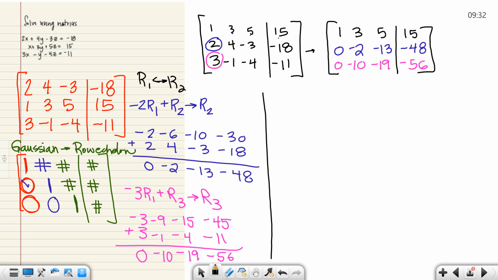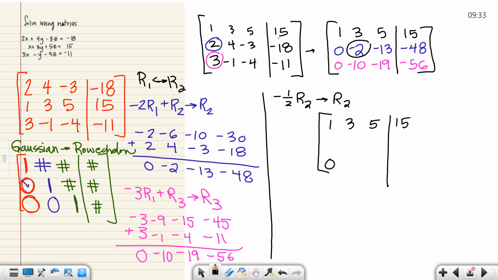So in order to turn this 2 right here into a 1, I'm going to say negative 1/2 row 2 gives me a new row 2. Row 1 stays the same. Row 3 stays the same. And I'm going to get a new row 2.